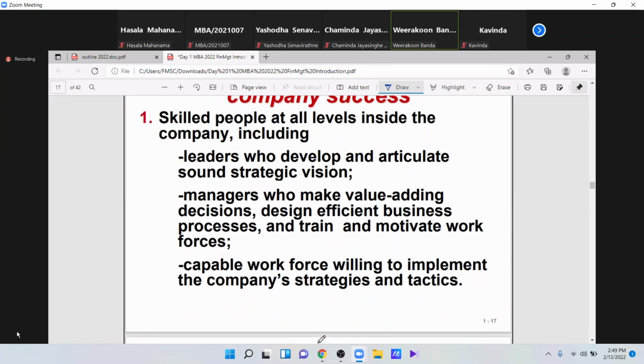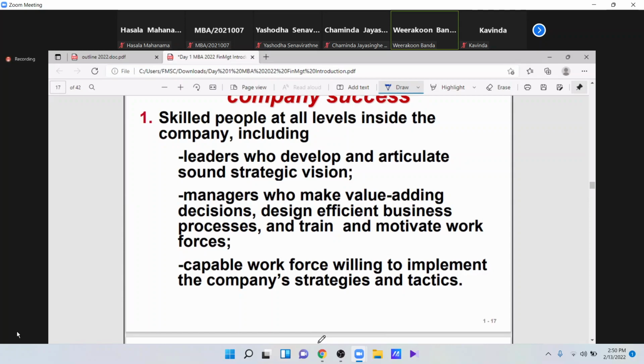Capable workforce. Lower level people who are involved in the production aspect are capable people, a capable workforce willing to implement the company's strategies and tactics. They realize they get salaries and compensation from the company. At the same time, they are concerned that they have to make some contribution to the company also.